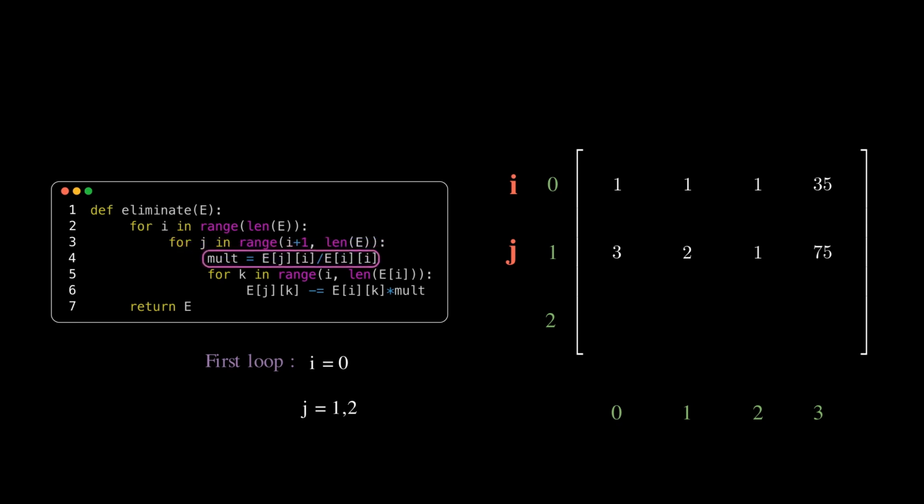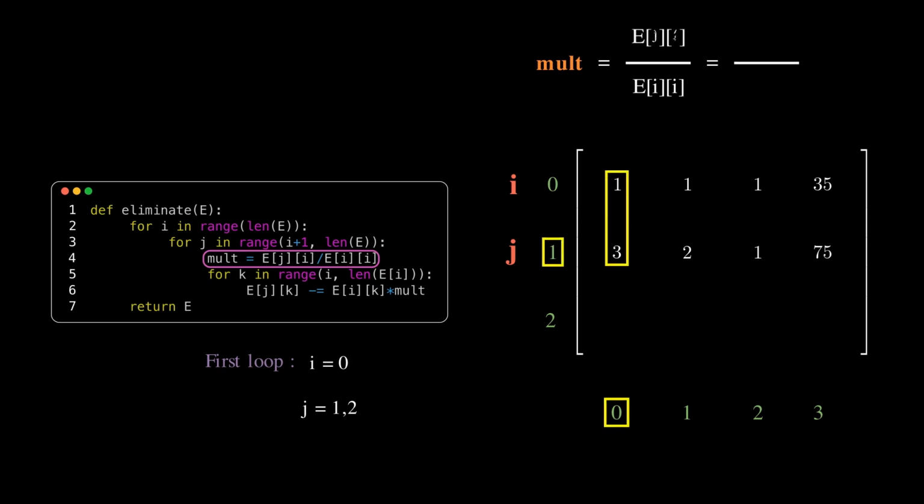The goal is to eliminate the elements in the jth row. For this, the coefficients in both rows must be the same. So we calculate the multiplier constant by dividing the first element of the jth row by the first element of the ith row. Here, eji, which is e10, equals 3, and eii, which is e00, equals 1. Therefore, the multiplier constant comes out to be 3.